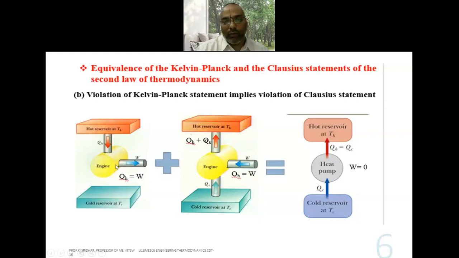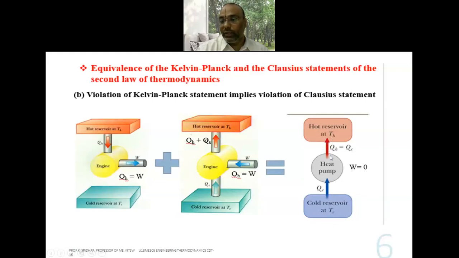Let us say that the work produced by the heat engine is used to drive this particular heat pump. Here also heat is taken from the lower temperature body to the higher temperature body. The resultant effect is that the heat pump, without any work input, moves heat from the lower temperature body to the higher temperature body.